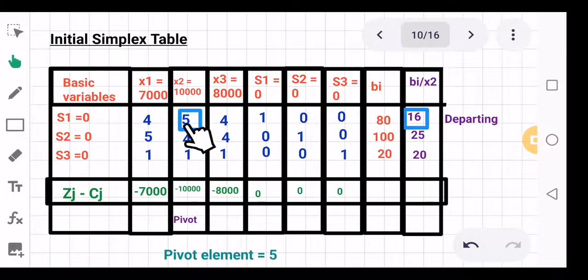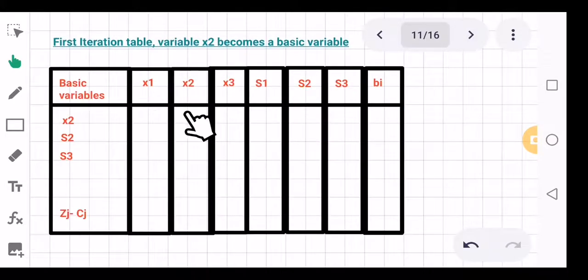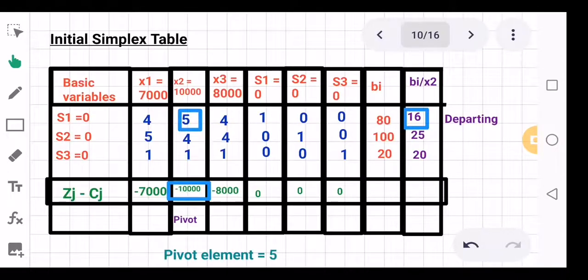Since 5 is the pivot element and it is in this particular row, whenever you're solving for the topmost row, you will just divide the previous values in that row by 5.